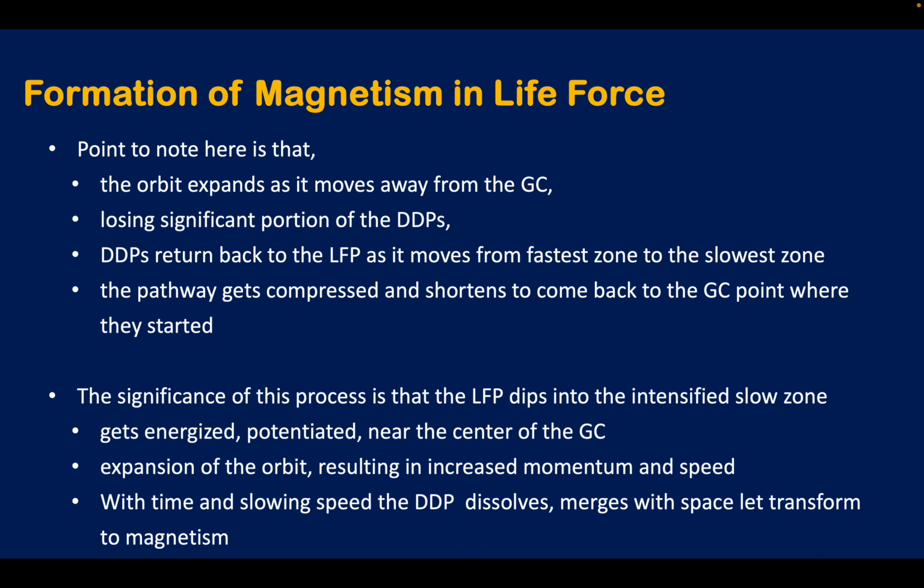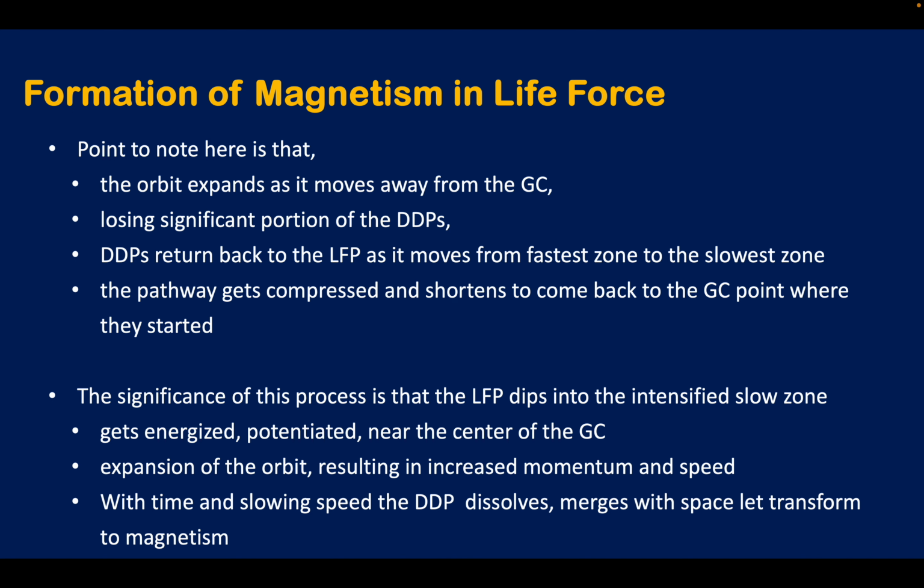When the divine dust particles return to the life force particle as it moves from the faster zone to the slower zone, the pathway gets compressed and shortens, and when it comes to the center, the genetic center point, the divine dust particle becomes more concentrated. The significance of this process, in which the life force particle dips into this intensified slow zone of the genetic center, is important in producing the feelings, thoughts, etc.